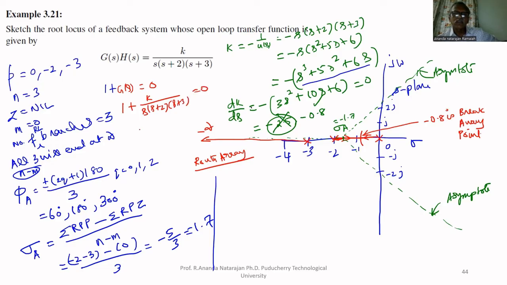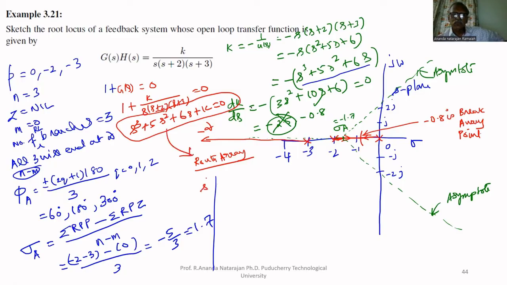If you simplify, take LCM and equate to 0, you will get s cube plus 5s square plus 6s plus k equal to 0. This is the characteristic polynomial. For that, we have to use the Routh array.